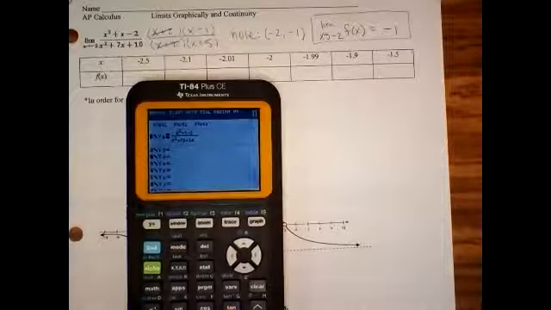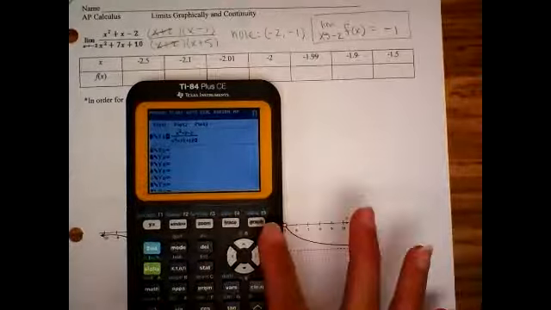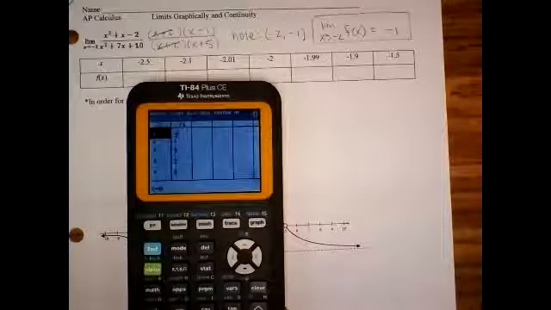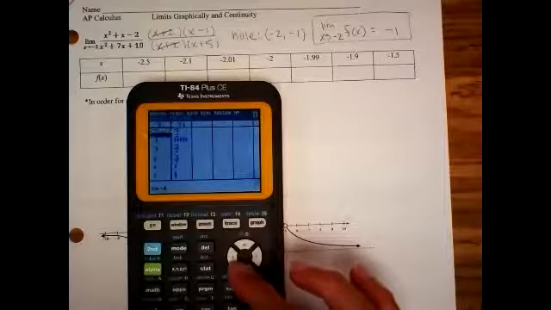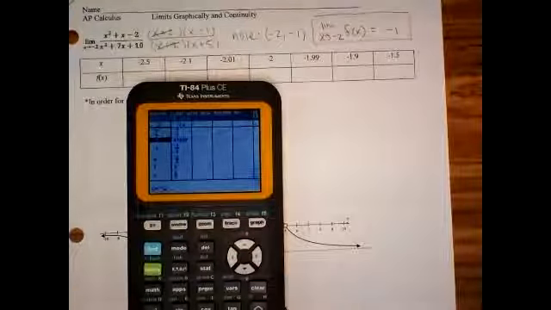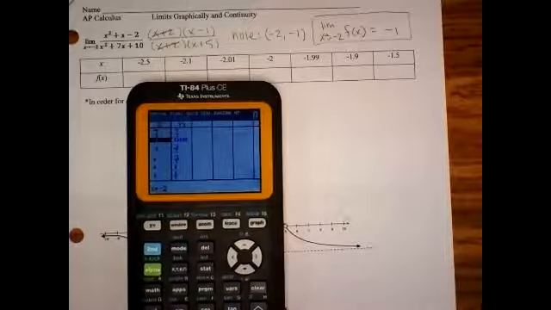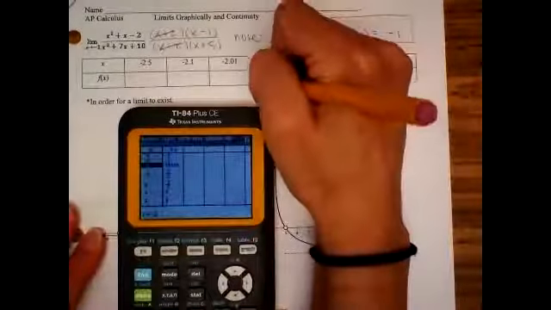All right, so there's our function. I'm going to go to the table. And we're looking around -2. All right, so -2, it says error because there's a hole there. So here we get an error.